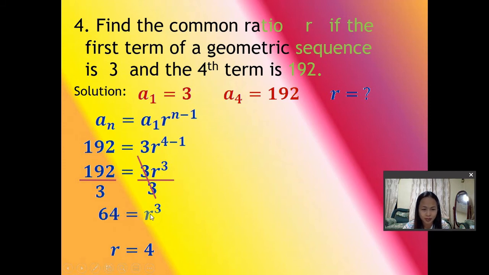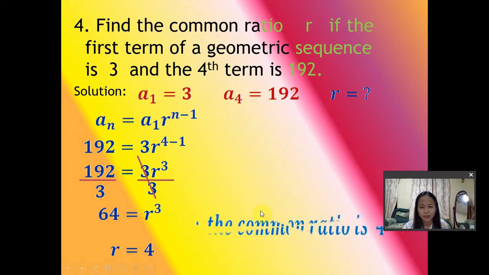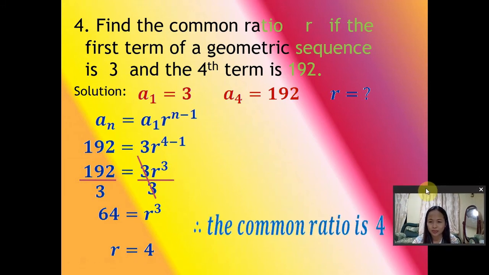Since this is exponent 3, we'll have the third root of 64, and that is 4. Or simply look for a certain number that if you raise to the power of 3, we can have 64. That is 4, since 4 times 4 is 16, times 4 is 64. So therefore, our R is equal to 4. So the common ratio is equal to 4.